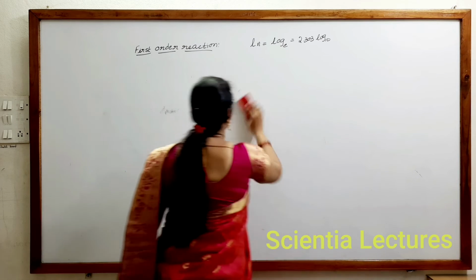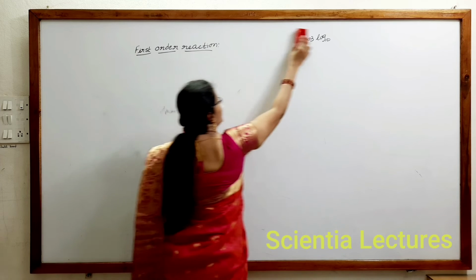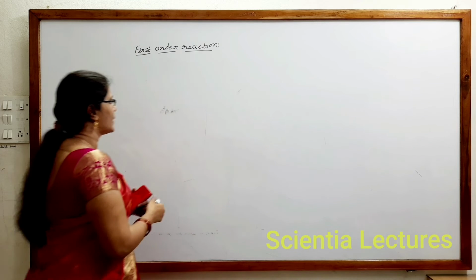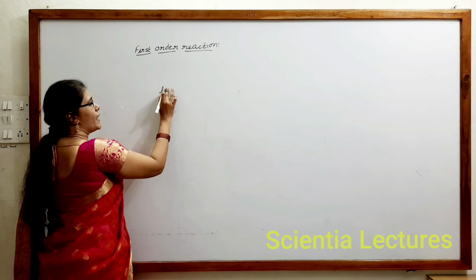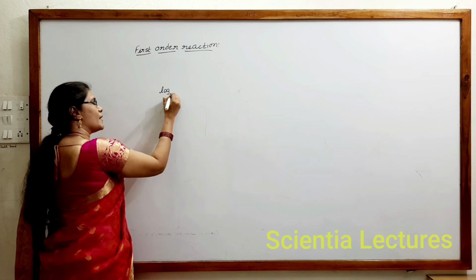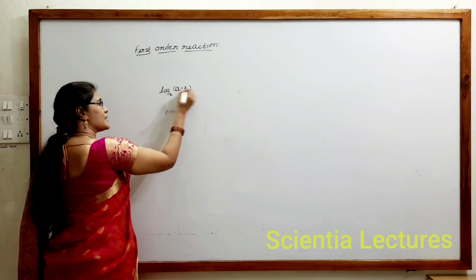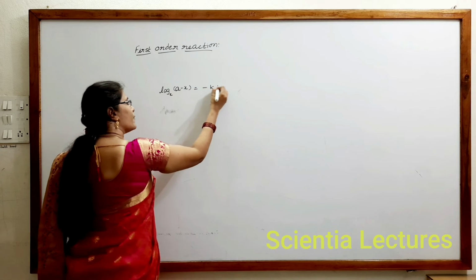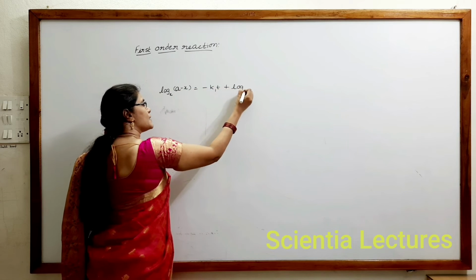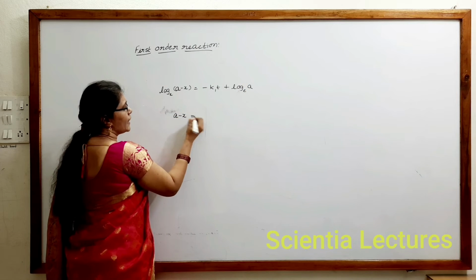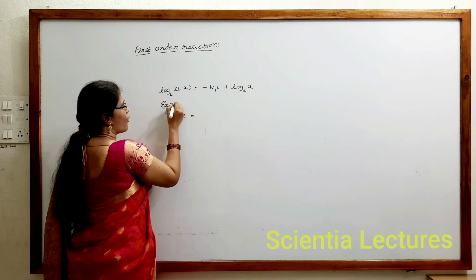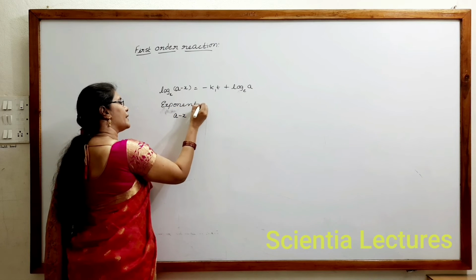Now next, let us check the rate equation. We have already got ln, that is log base e. If you want to write log base e (a minus x) is equal to minus k1t plus log base e a, and if you take the exponential form of it, you will get the exponential form of the first order rate equation.